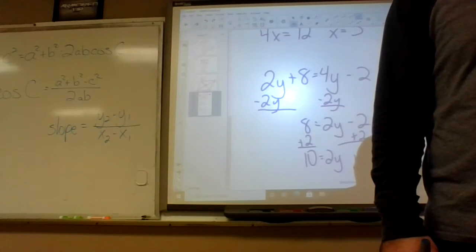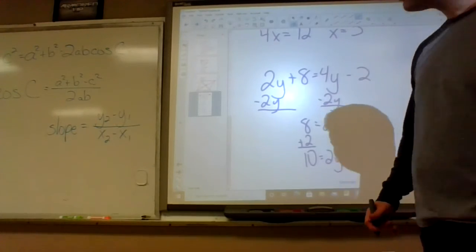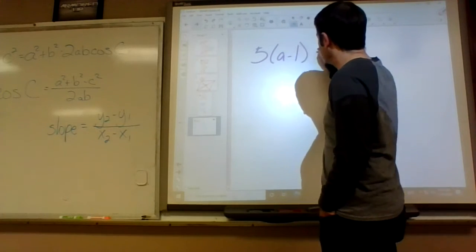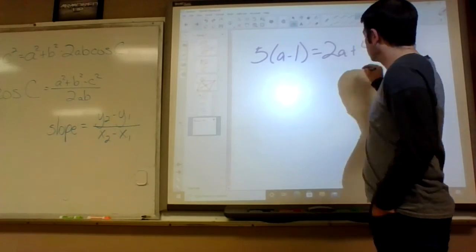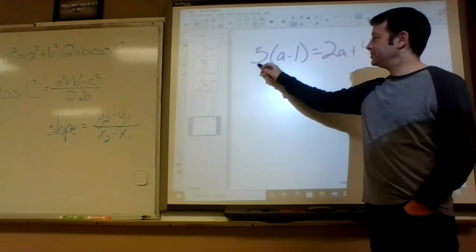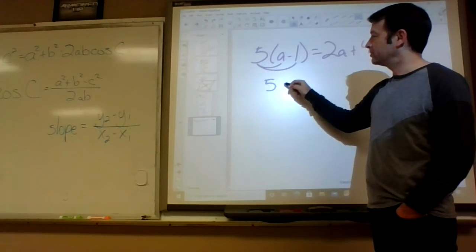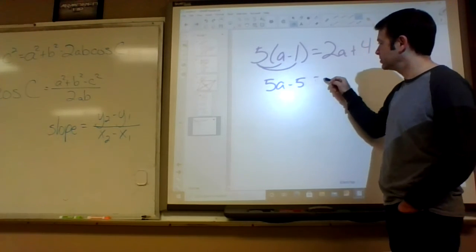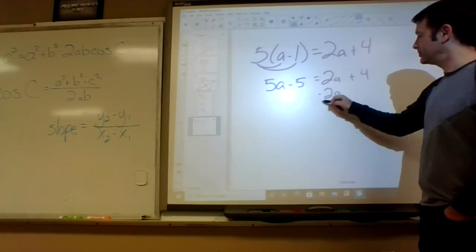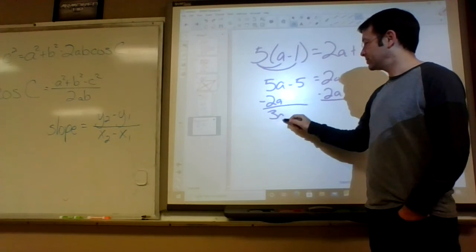So 5 parentheses a minus 1 equals 2a plus 4. If we have parentheses, we need to use the distributive property. Multiply the 5 on both of those. And if we have a's on both sides, we need to get rid of them on one side. We've done so many of these this year.